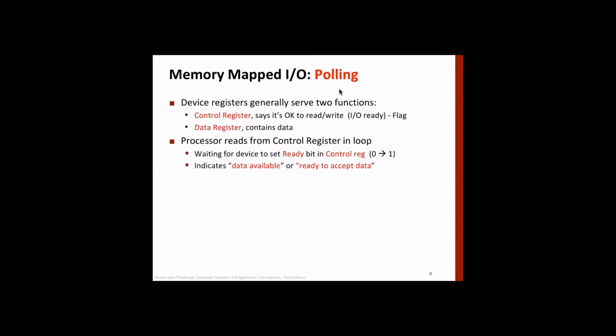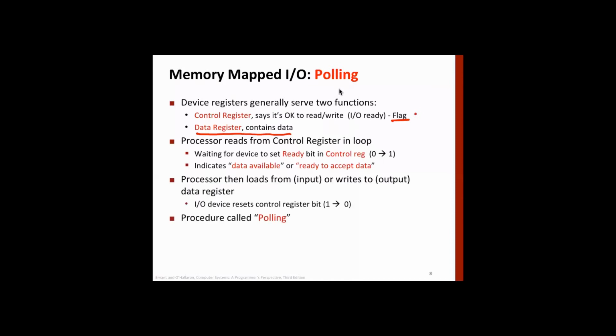It gives some status about the device, and we usually use a flag. And the data register contains the data to be transferred. So if you're reading from disk, then this register will contain the data that is to be read. If something is to be written to, say, disk, then this register will contain the data that is to be written. All right.